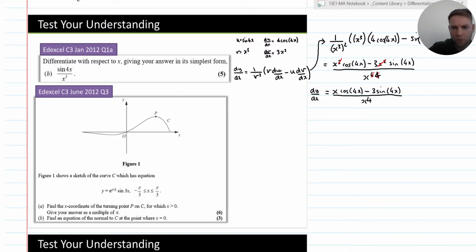So let's have a look at this bottom one here then. So I just want to make sure this is right. Let's just get a line under there.